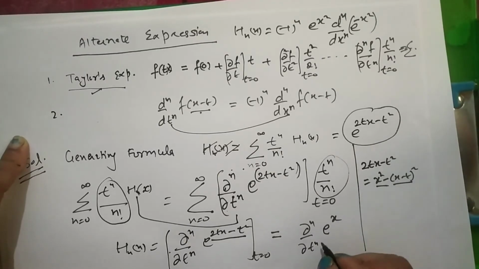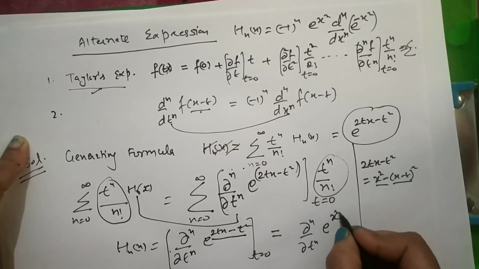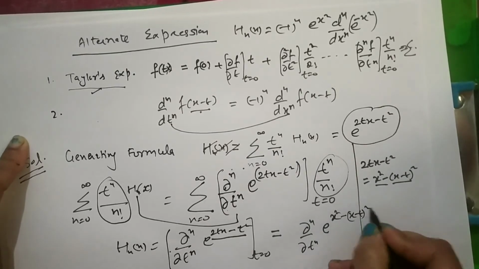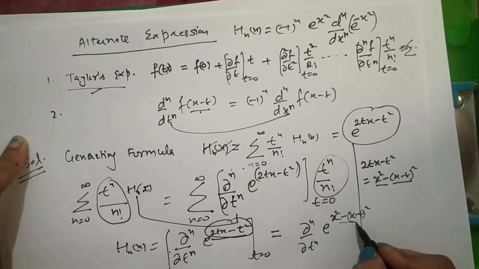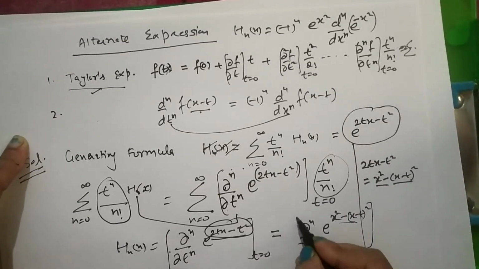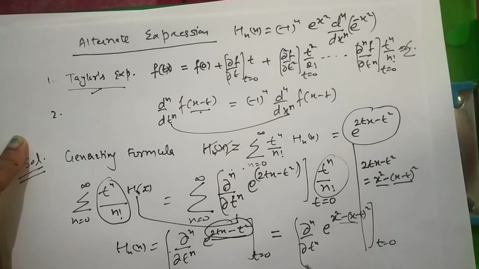Now if we write x square minus (x minus t) whole square in place of 2tx minus t square, I am going to write it here, and t is equal to 0.